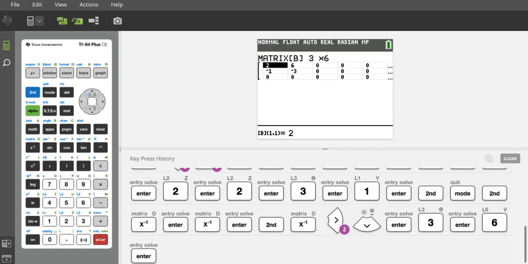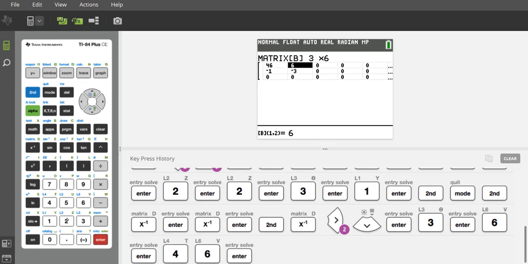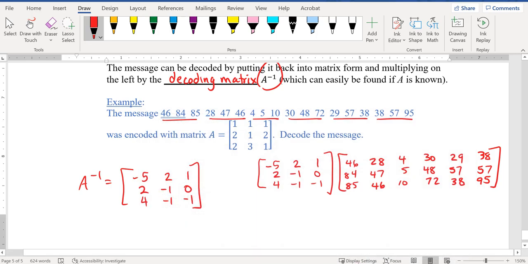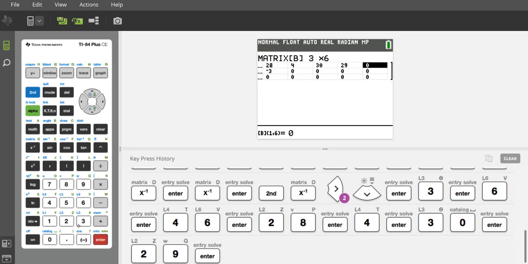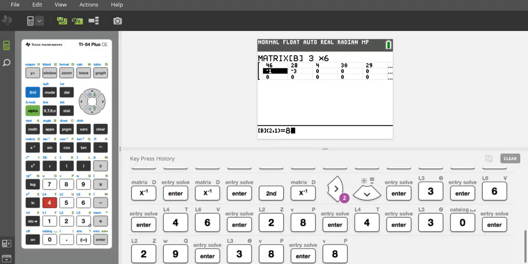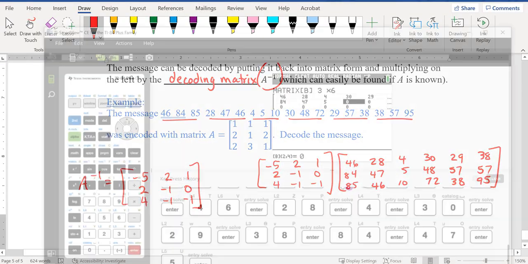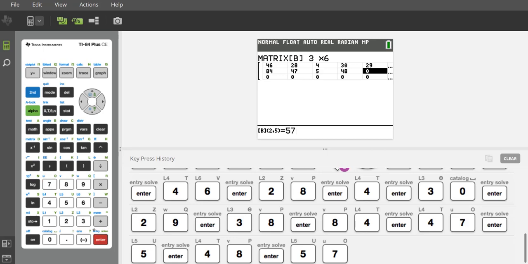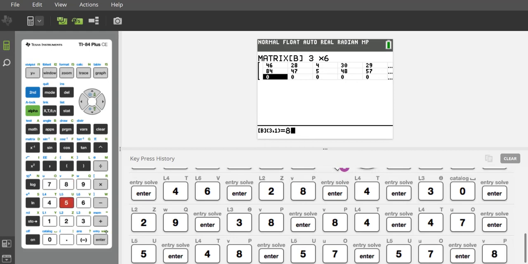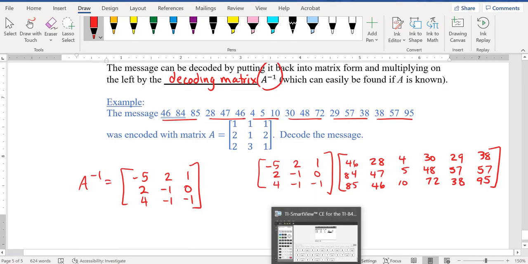Here we go: 46, 28, 4, 30, 29, 38, 84, 47, 5, 48, 57, 57, 85, 46, 10, 72, 38, 95.